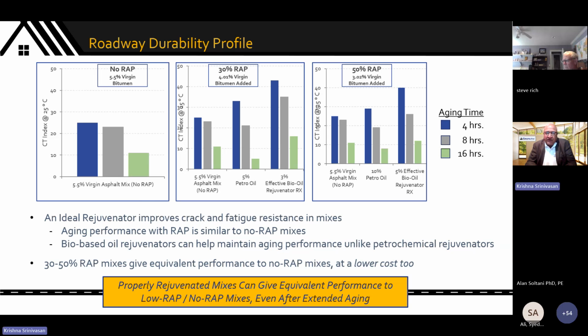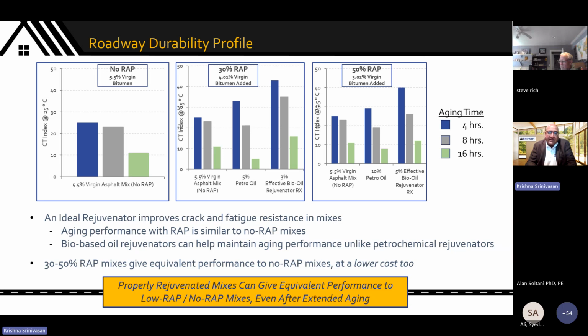Again, same procedure. Make your mix, oven age it for 4, 8, and 16 hours, take it out, compact it, and measure ideal CT. What you can see is that the petrochemical oil is able to show a high level of initial ideal CT index. But as a function of aging, it's vastly inferior to that of the mix made with no wrap.